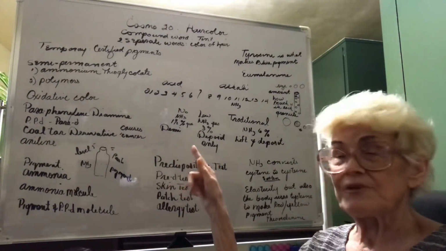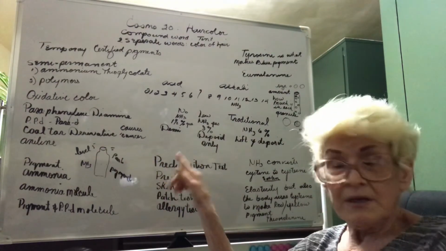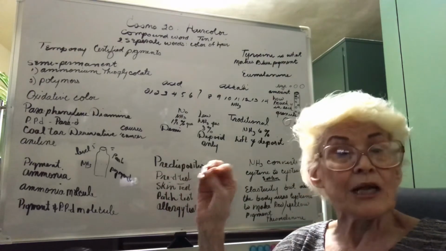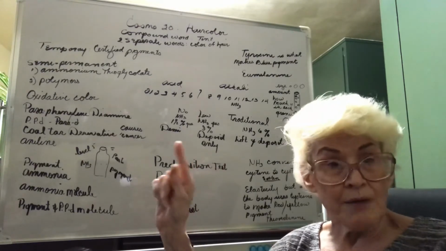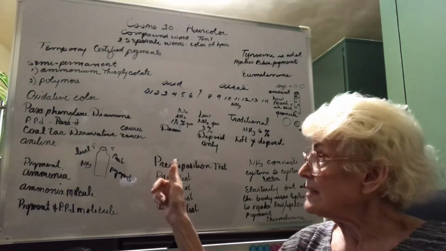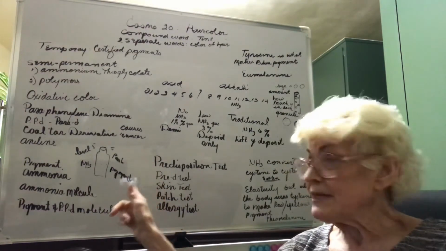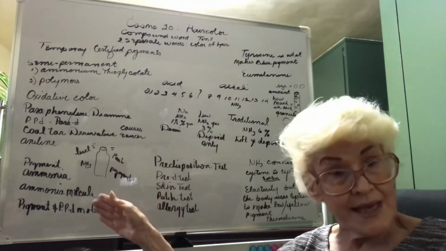Paraphenyldiamine comes from coal tar, and as such, it causes cancer. It's in almost all European colors because it unequivocally covers gray. There is no problem. The United States came out with the synthetic paraphenyldiamine, and we call it aniline. So we have aniline derivative tints.